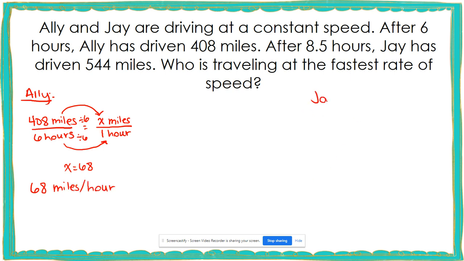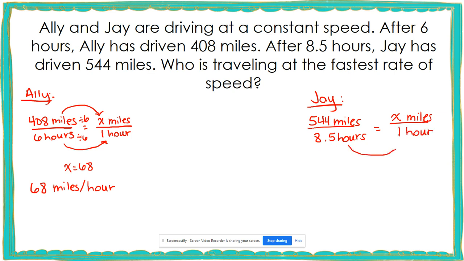Now we're going to do the same thing for Jay. Jay travels 544 miles, and he does that in 8.5 hours. I'm going to find how many miles, so I don't know, so I'm using the variable x to represent it, in 1 hour.